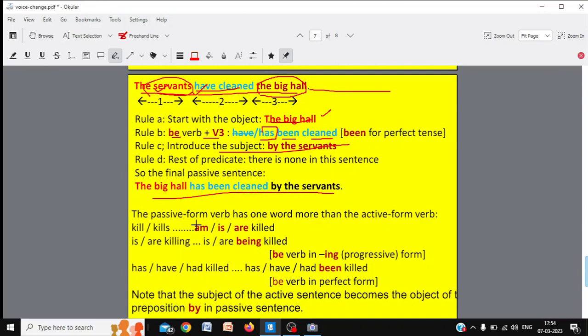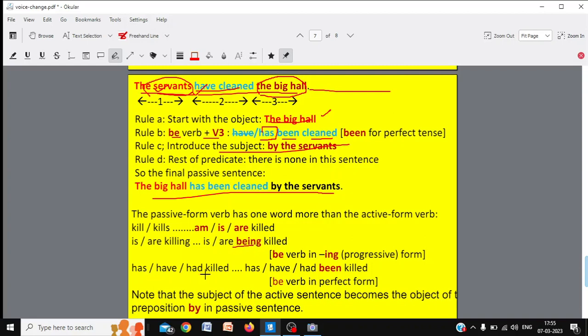Now the passive form verb has one word more than the active form verb. When we say kill or kills, we say am killed or is killed or are killed. One word in active voice and two words in passive voice. When we use is killing or are killing, we say is being killed or are being killed, one extra word.